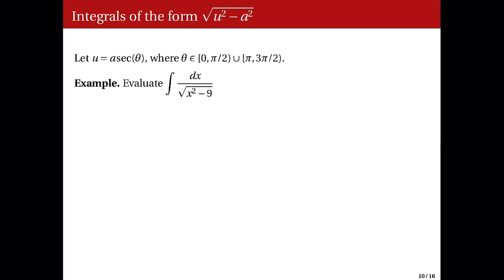So we let our a here be equal to 3. Then we let x be 3 secant theta. And then, of course, dx will be 3 secant theta tangent theta d theta.